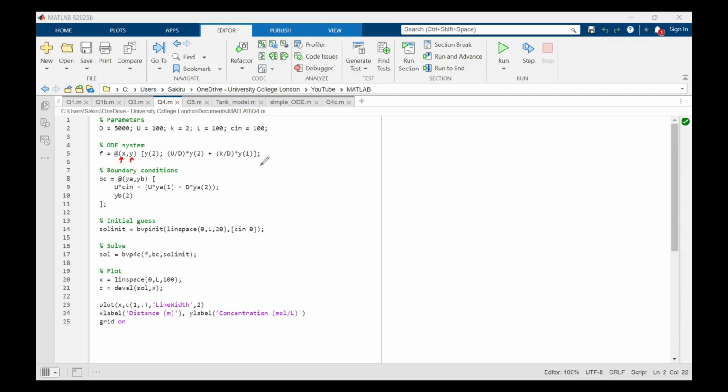Again, you have to first decompose the second order problem to first order. The equation that we have is d squared c dx squared minus u dc dx minus kc equals 0. So you need to first write the equation having only d squared c dx squared on the left-hand side.